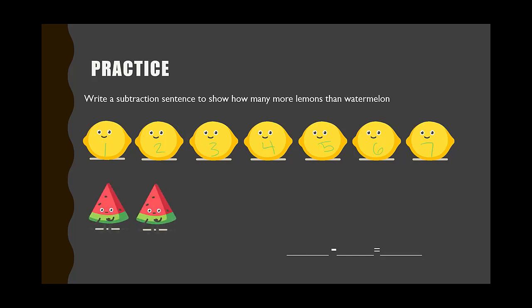Let's count how many watermelon we have. 1, 2. And so I can see that since there's 7 lemons and 2 watermelons, I know we have more lemons because 7 is bigger than 2. So I'm going to write that 7 is bigger than 2.